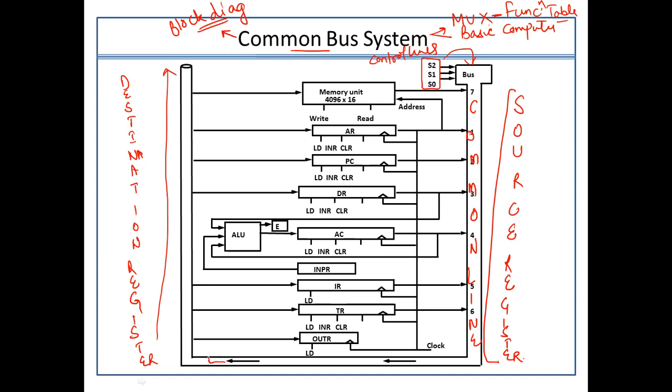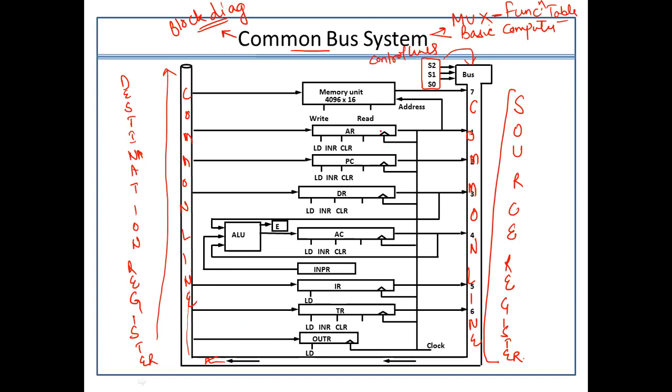See, this is a pipeline for transferring the data from the source register, and through here it will be transferred to this side. This is again the common line, which will help me transfer the data to the required destination register.